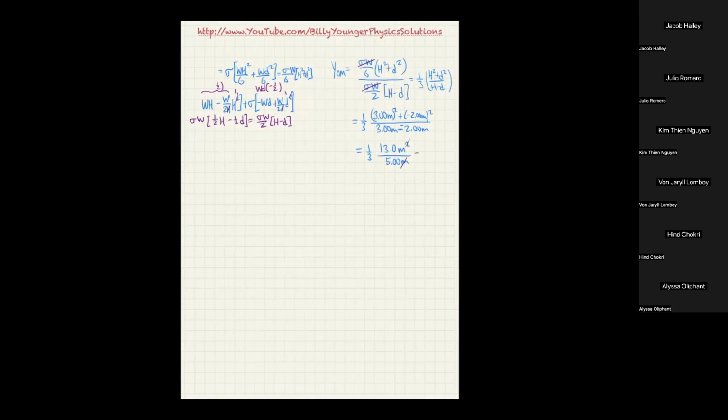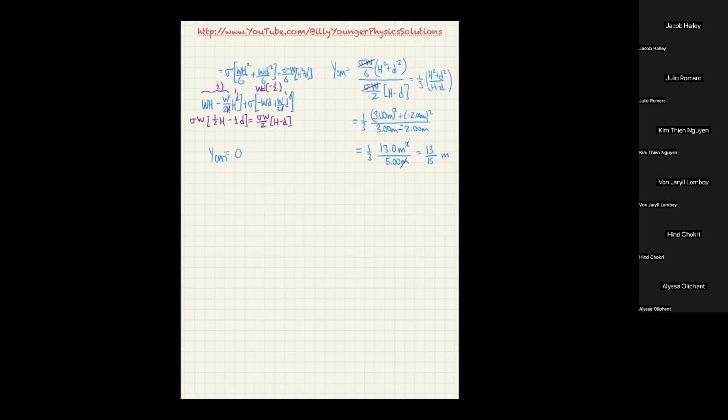Oops. Looks like the result will be 13/15 meters. And that says y CM is equal to 13/15. Let's go ahead and write that out. 13 divided by 15 gives me 0.866.